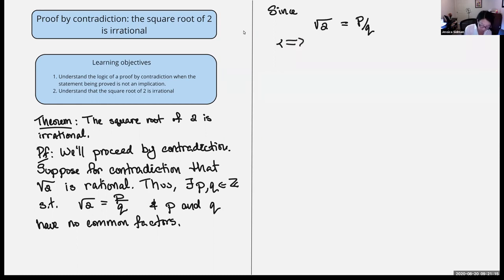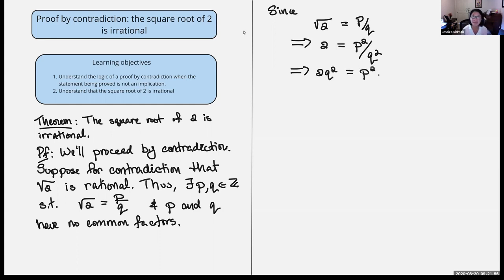That does imply that when I square both sides, I get 2 equals p squared over q squared. Okay, and I don't like fractions either. I like to work with integers. All my theorems in number theory are really about integers. So let's clear denominators as well, and then we'll get 2q squared equals p squared.